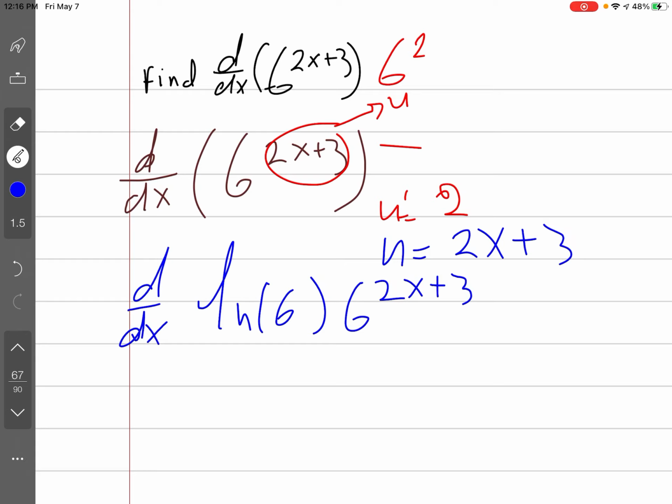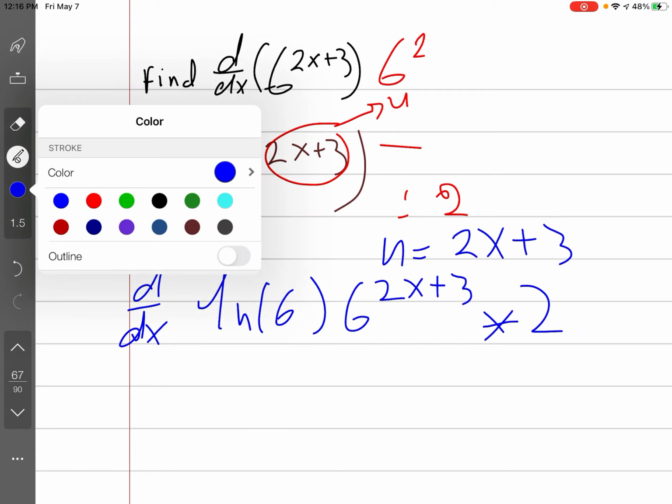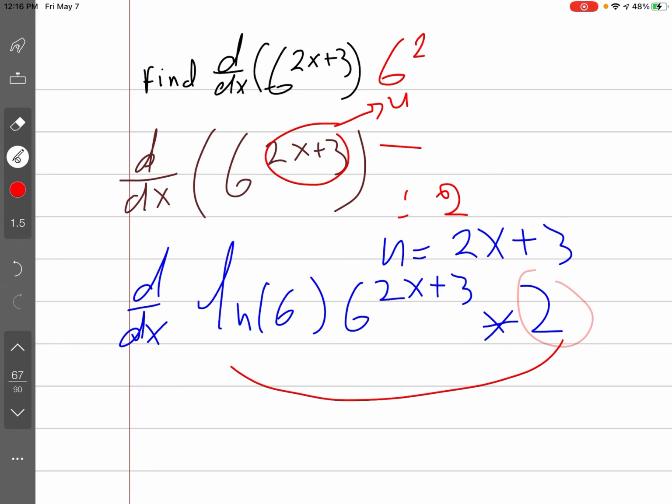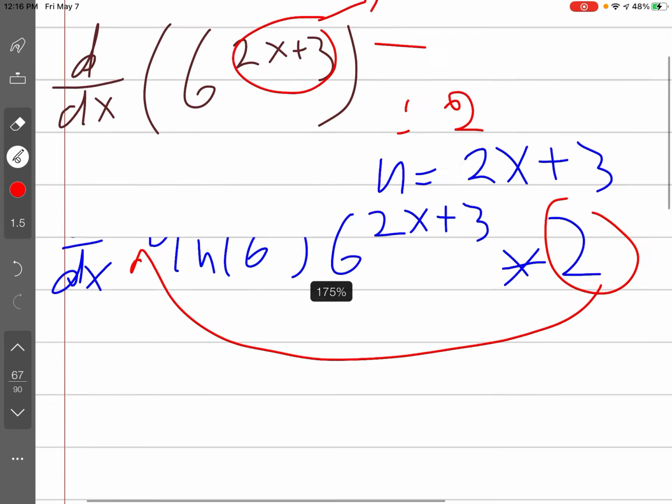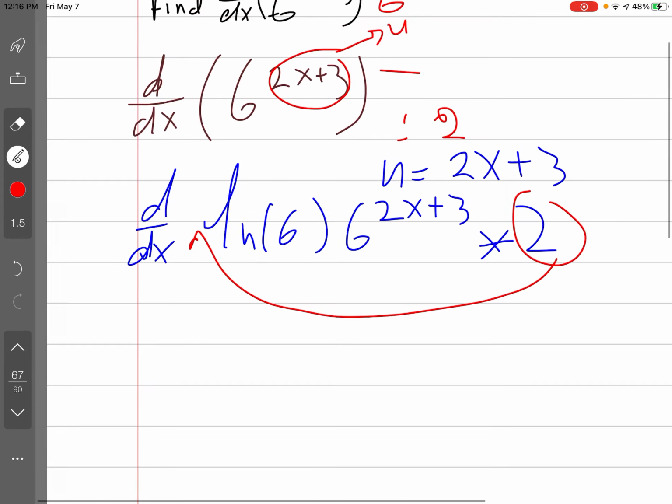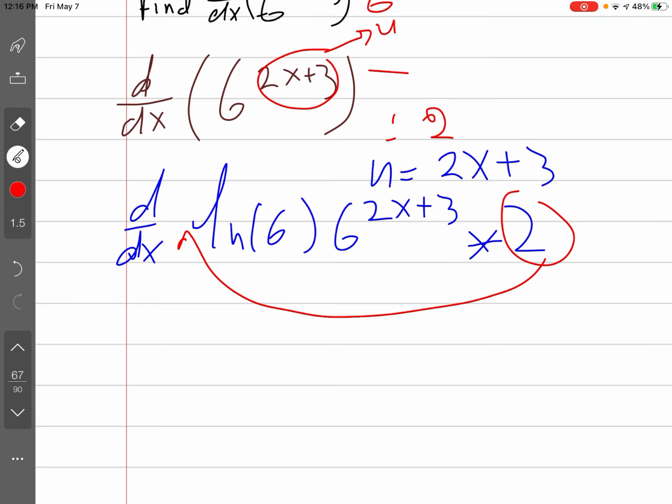And then we say times 2. Who can tell me where the 2 came from? 2 came from my u prime, so that's the reason why I put it there. So 2 here, and I also have to move this 2 to the front. Now everything I need is there.